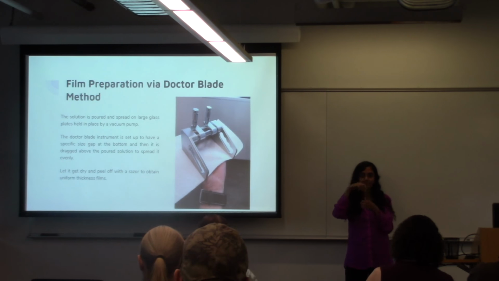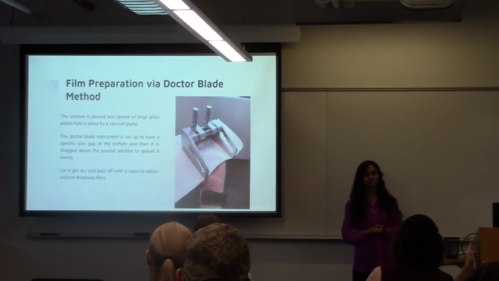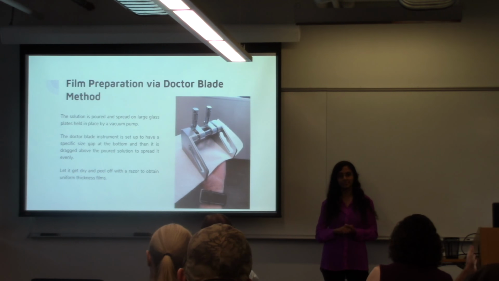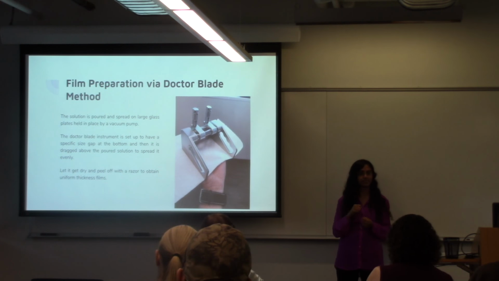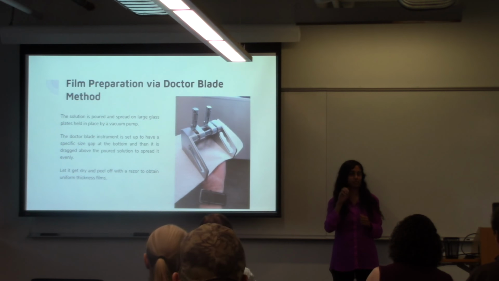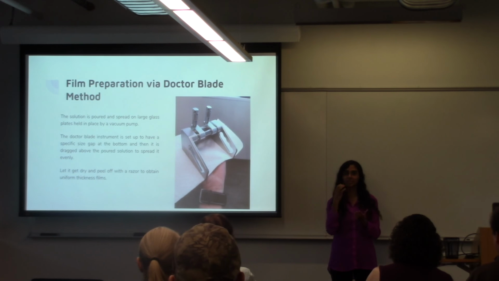We set up a specific gap beneath the blade where it makes contact with the solution on the plate, so that the result is what we want. We draw the blade across, and let the puddle that's left dry. We peel it off with a razor blade, and we get a film.